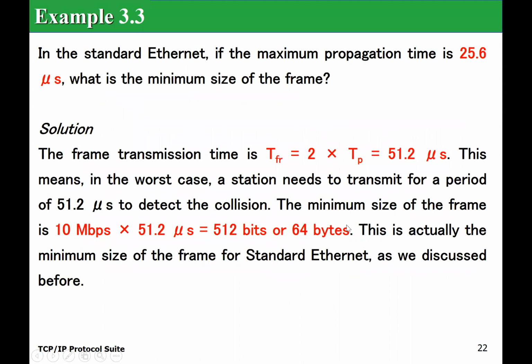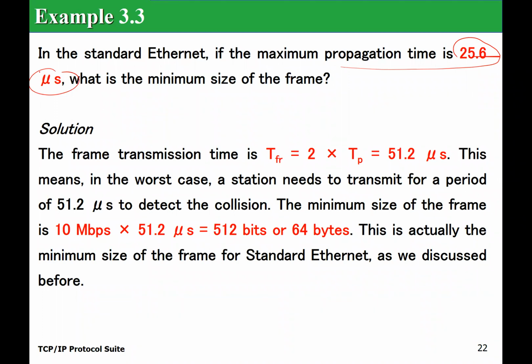Let's go back here. Let's say in the media our propagation time is 25.6 microseconds. To send data from A to C, it's going to take 25.6 microseconds. Now let's assume there is a collision there. Then C detects the collision and sends the signal back.